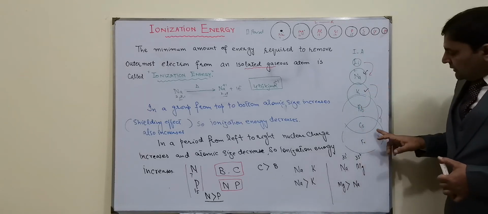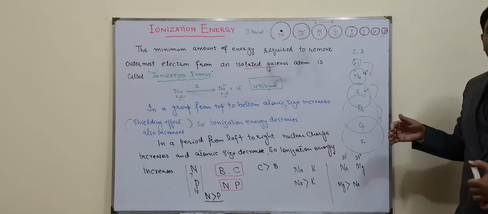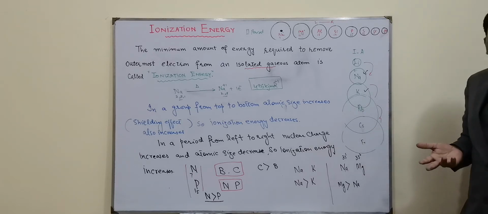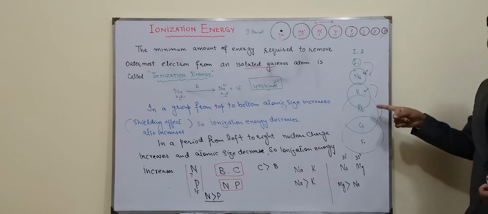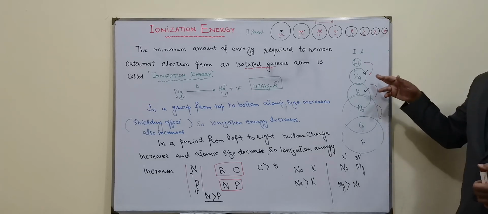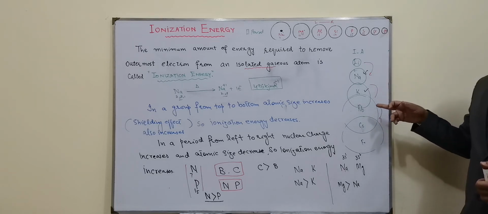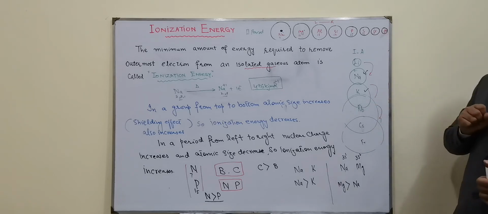So the valence electron is going far from the nucleus. As a result, the removal of an electron becomes easier. So we conclude that from top to bottom in a group, ionization energy decreases due to the increase in shell number and the increase in shielding effect.